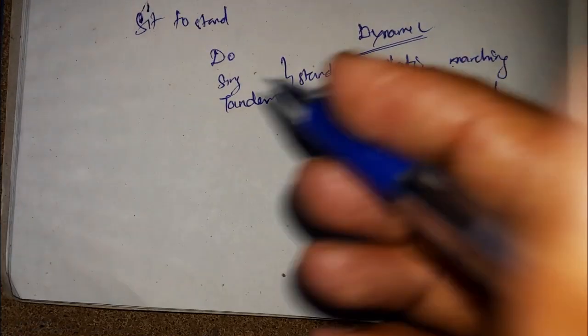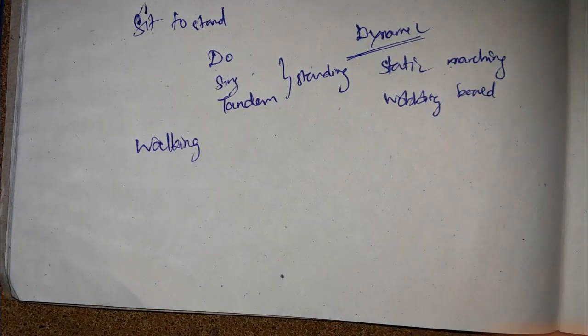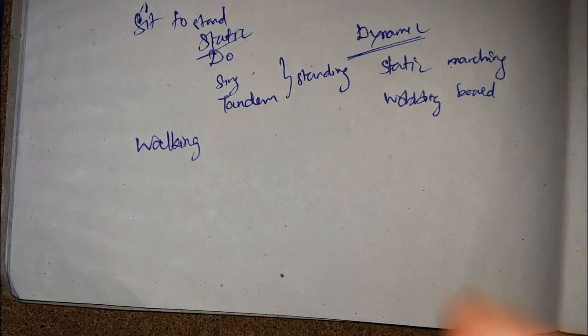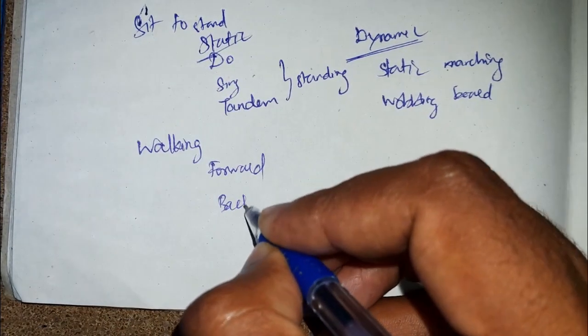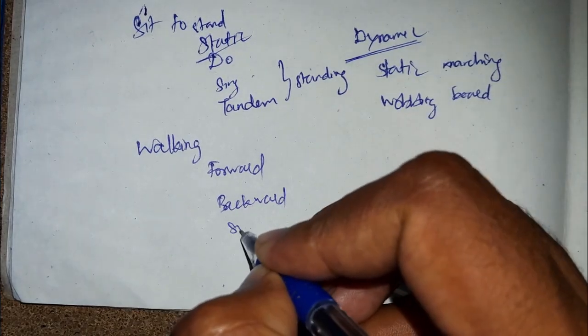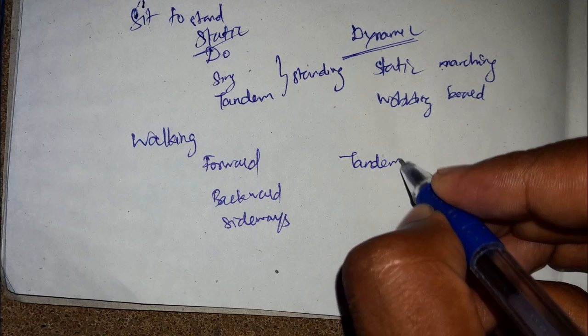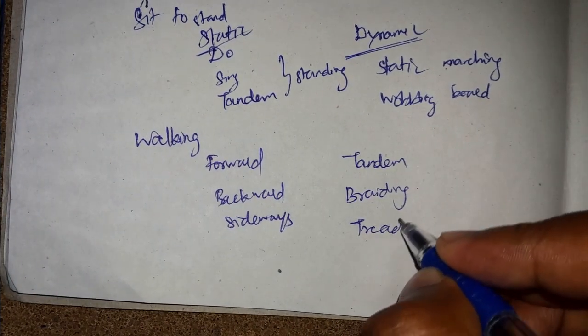Then we go to the sequence of walking. First sit to stand: static or trained, then dynamic or trained. Then walking: forward walking first, then backward, then sideways, then tandem, then bridging, then treadmill.